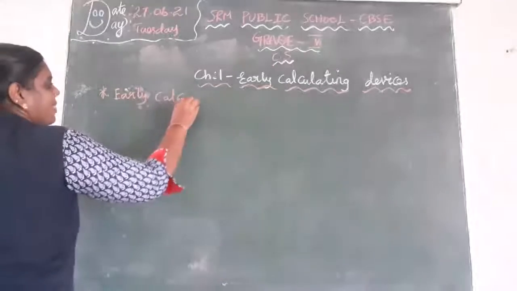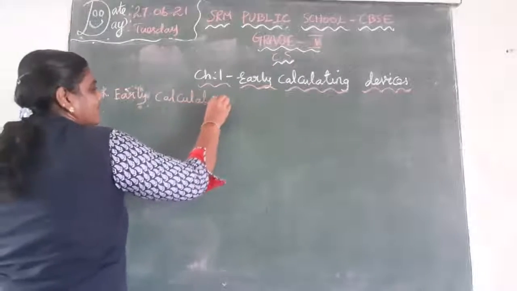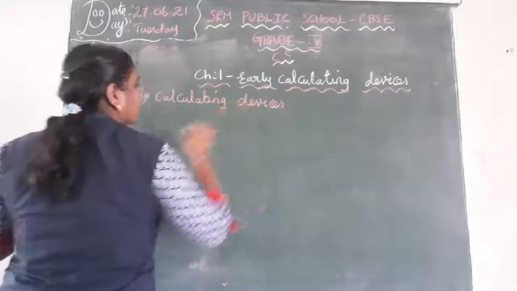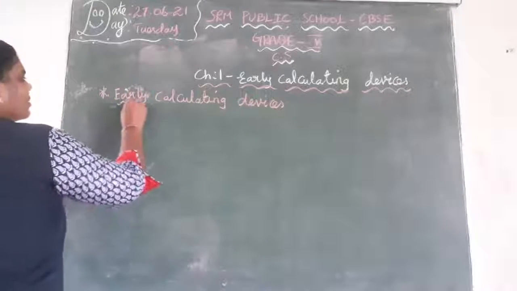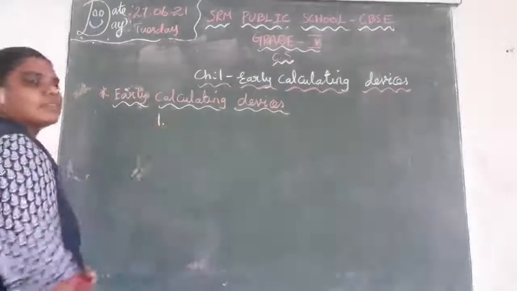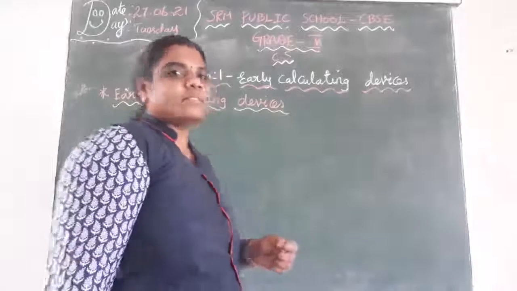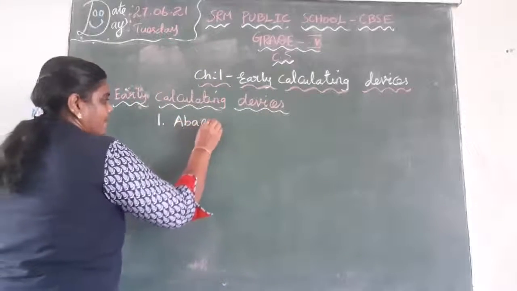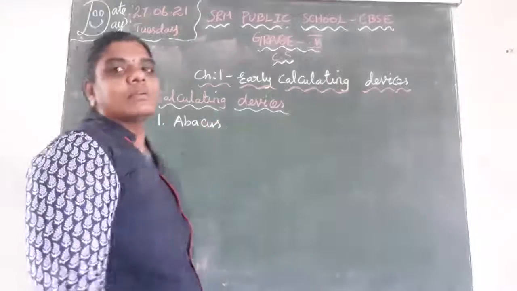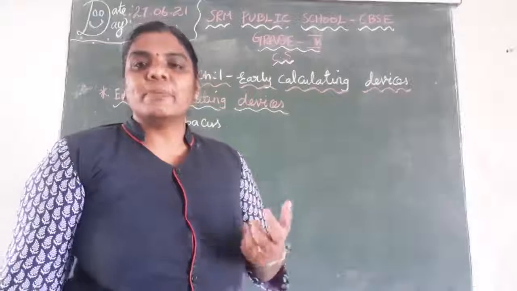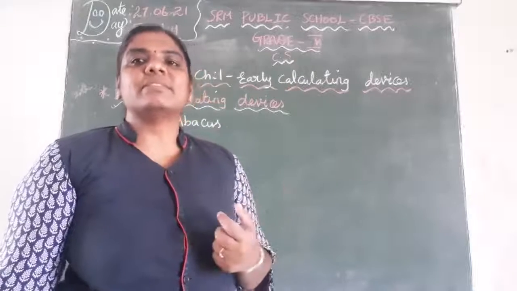Okay. First one, early calculating devices. So what is the first device? Abacus, right? What is the use of the abacus? For what purpose were people using the abacus?